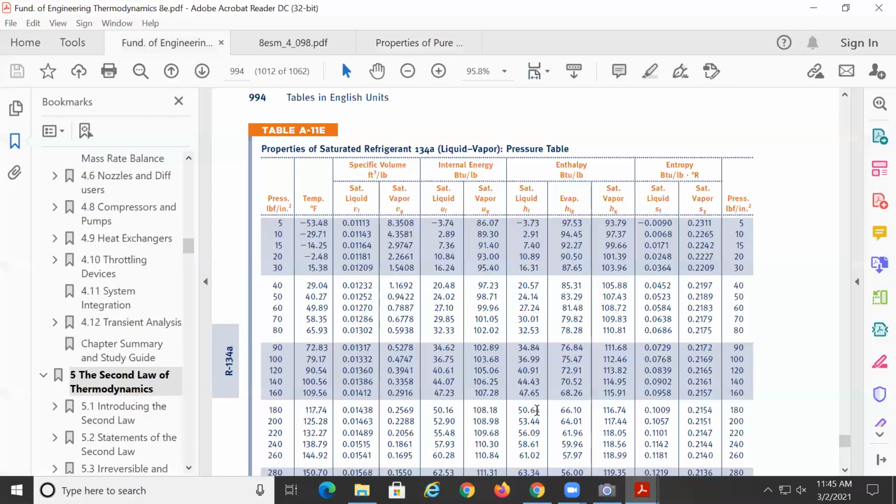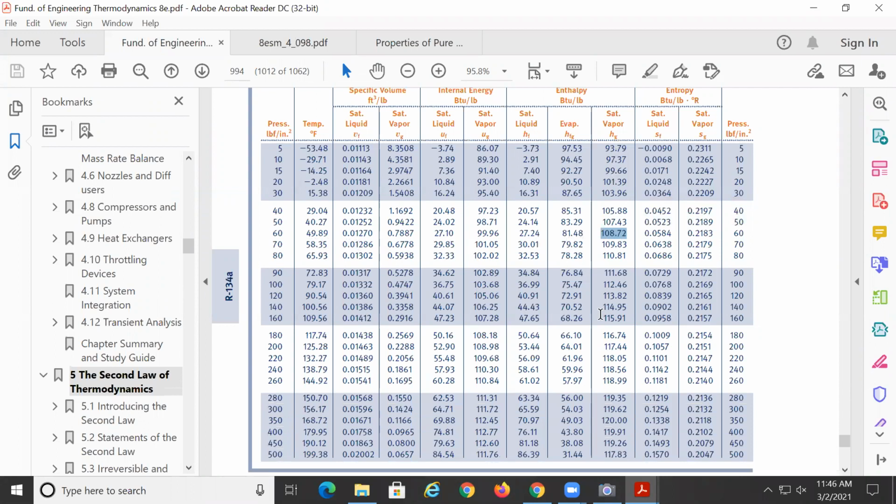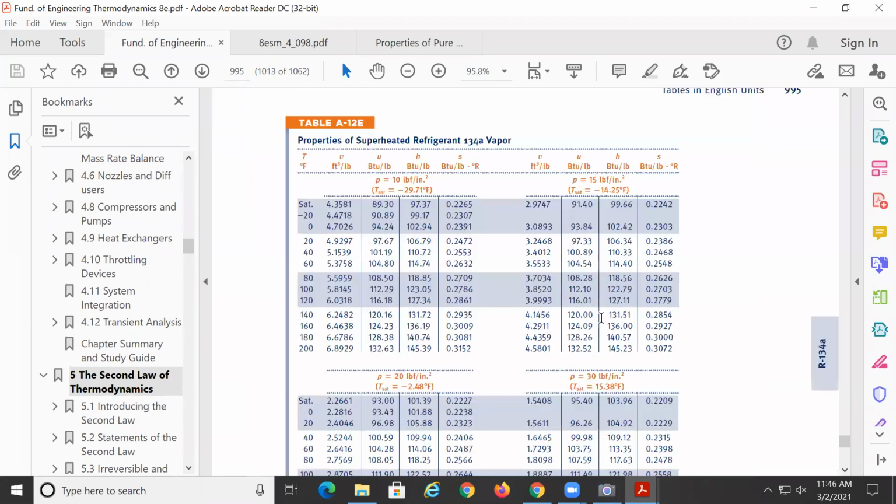So let me not lose track. We are at 60. So H sub 5 will be at H sub G. Oh, so it's a big difference here because I was looking on the other side. So that gives us an H sub G of, did I take the correct one? Looks like, no? So from table 11E, you could come here, but otherwise, they have a table A12E, which should be the superheated.